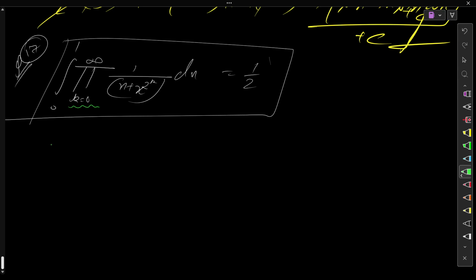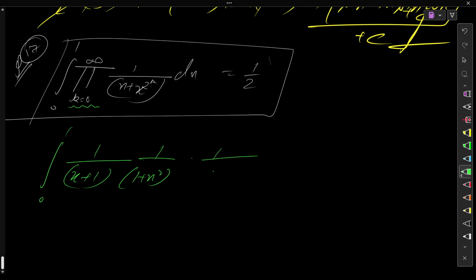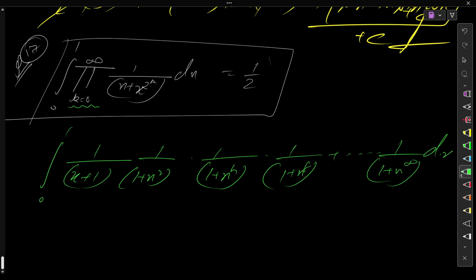That means if I open this integral, this will become the integral from 0 to 1 of 1 by x plus 1 multiplied by 1 plus x square, again multiplied by 1 plus x to the power of 4, 1 plus x to the power of 8, and so on, up till 1 plus x to the power of infinity, dx.